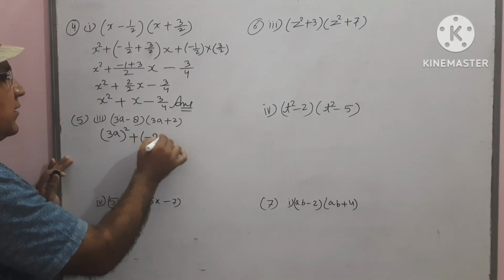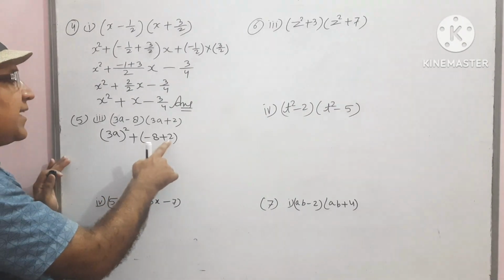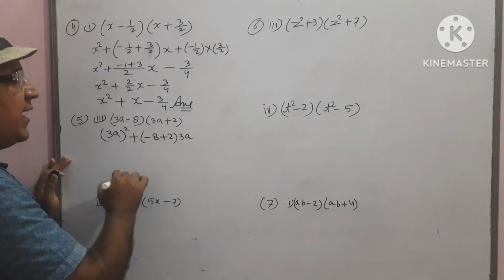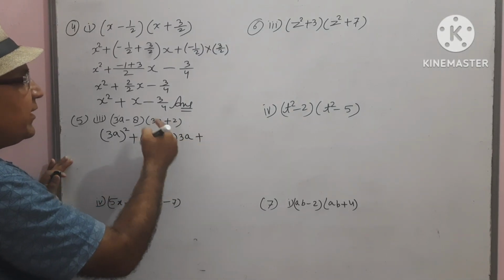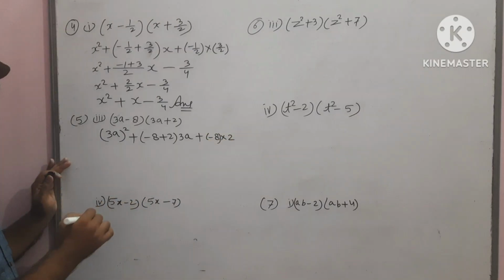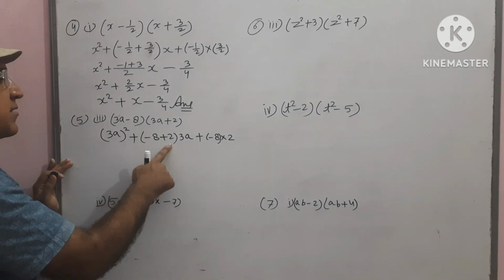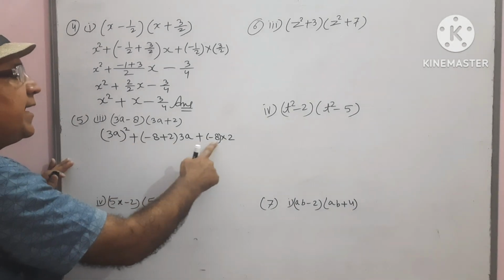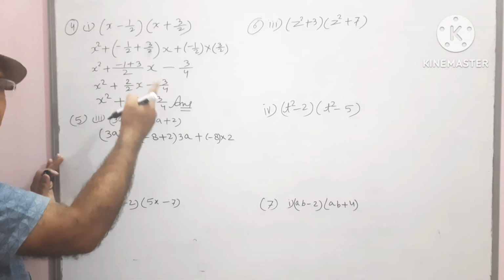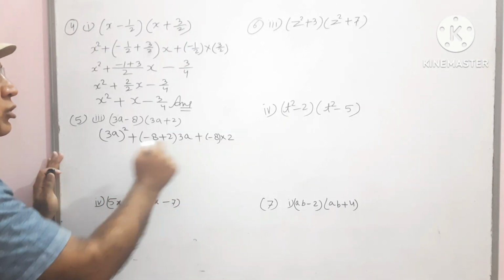So in the bracket minus 8 plus 2. This is at the place of a plus b into x. At the place of x there is 3a, plus a into b. So a is minus 8 into 2. Understood the identity? x square plus a plus b into x plus a into b. So we have to compare our question with the identity x plus a and x plus b, and then we will put the values.